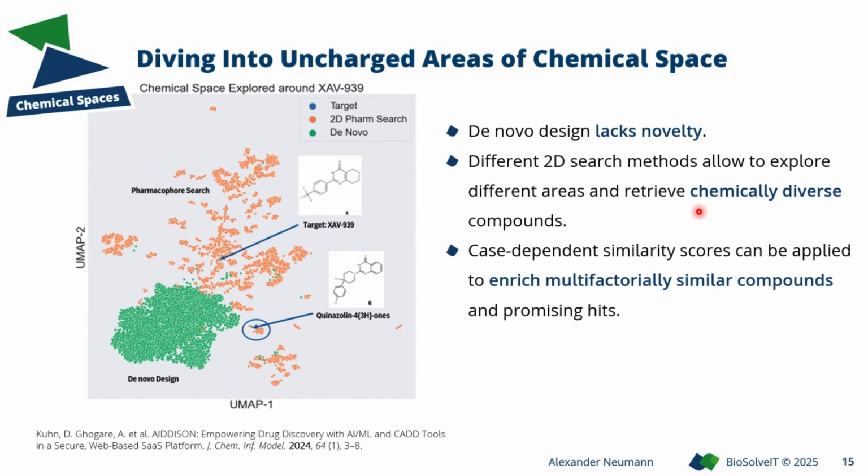As mentioned, to get chemically diverse compounds, you need different ligand-based methods to search for them, which I will show to you in the next slide. What's quite important, if you use orthogonal methods, you can actually let them double-check each other. Use method A to confirm results of method B and method C to confirm results of method A, and so on and so forth. Basically use the results of all search methods to enrich similar compounds.